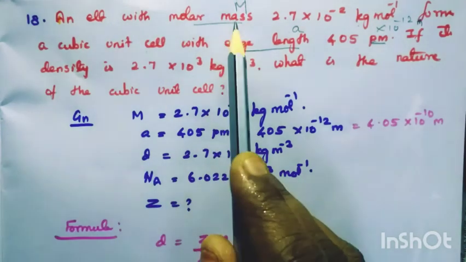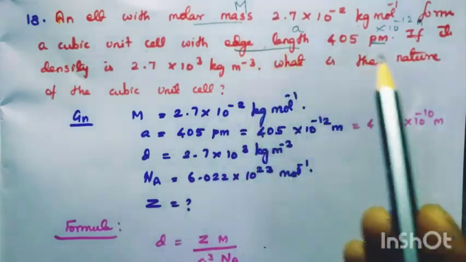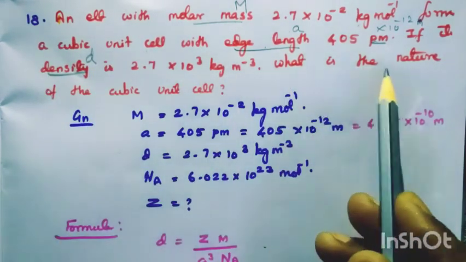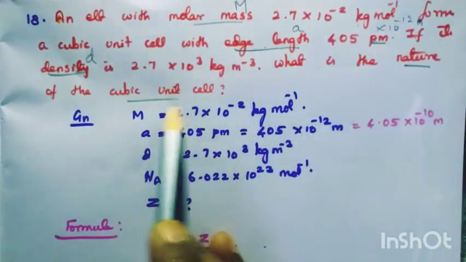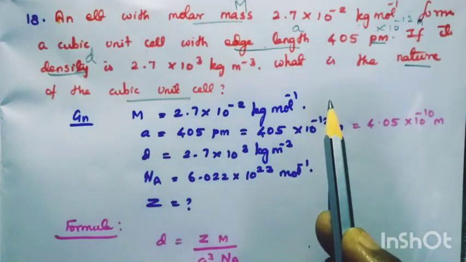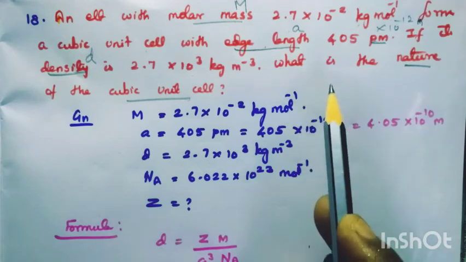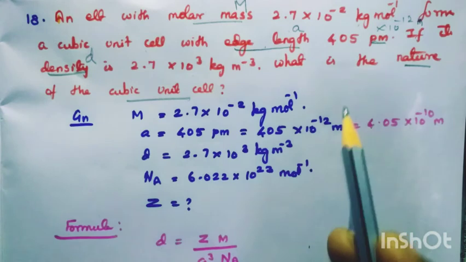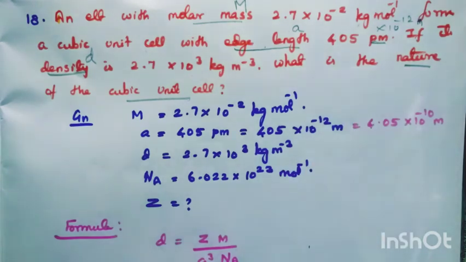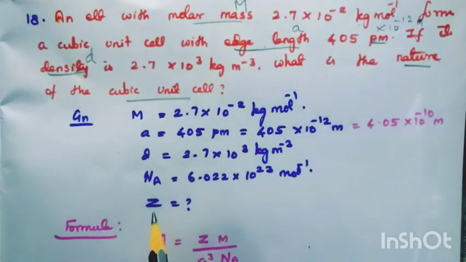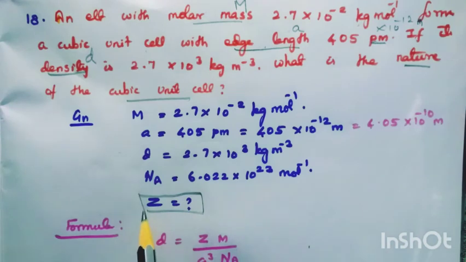So molar mass is given, edge length is given, and the density d is also given. What is the nature of the cubic unit cell? In earlier problems it was already told whether it is FCC, CCP, simple cubic or BCC. But here we are going to find the nature of the unit cell. So first find the Z value.